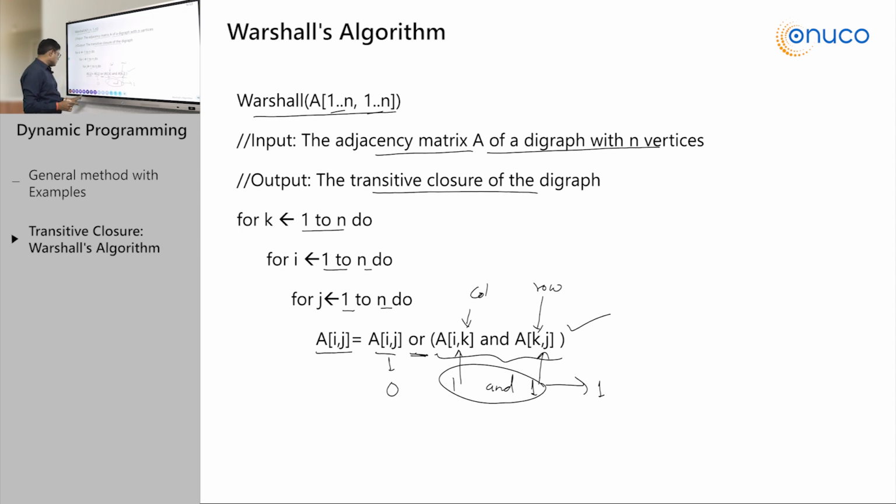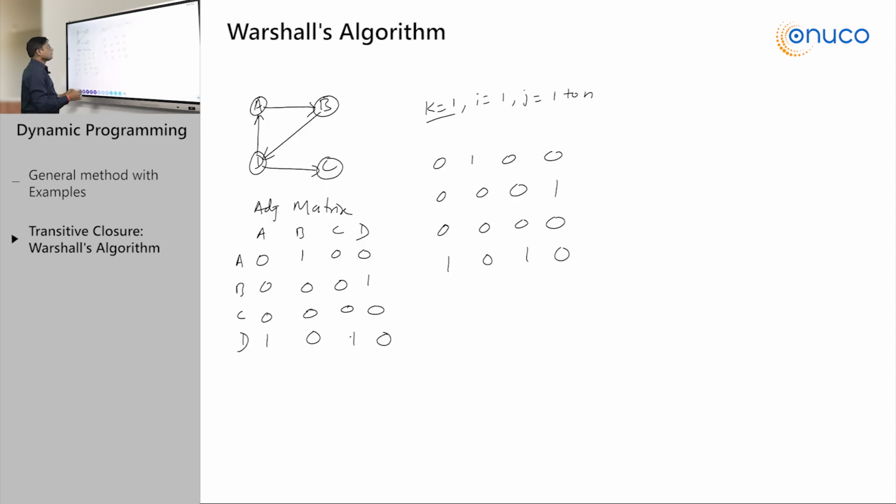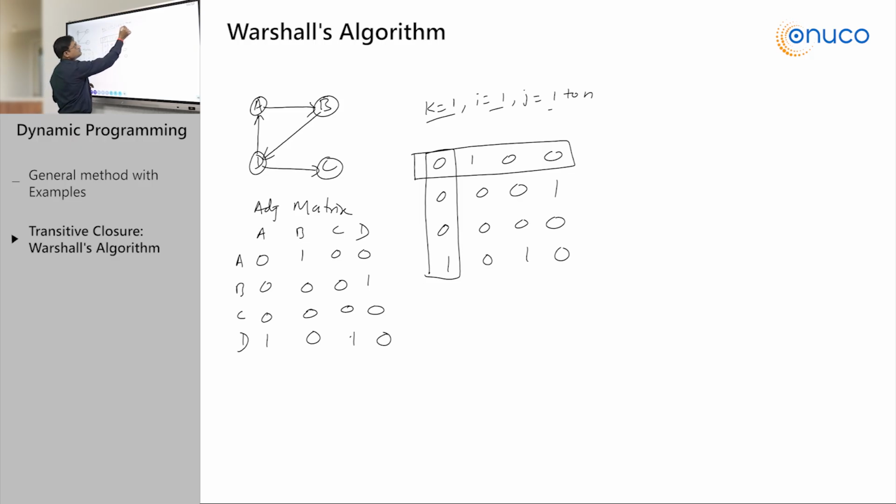K behaves like a row as well as a column. So selecting k equal to 1 means k behaves like a row and k behaves as a column. This part we have selected, where i is a row and j is a column overall.